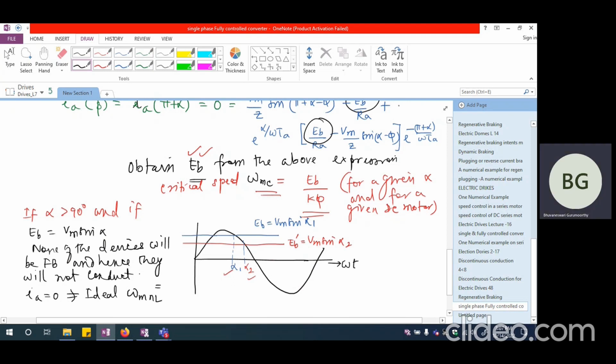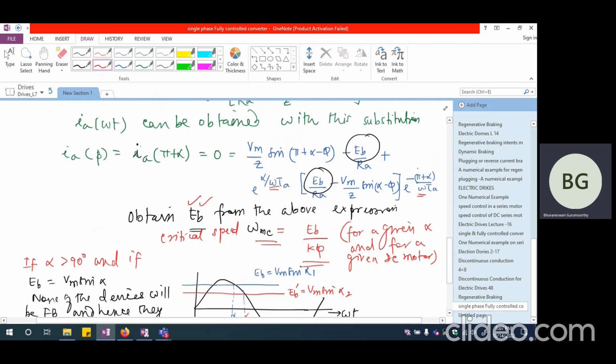mechanical no load speed. Let me not confuse between sine omega t and this particular omega. Omega m is actually the mechanical speed of the motor, whereas these omegas are all corresponding to 50 hertz, that is 2 pi f, which is about 340. So the two are different from each other.